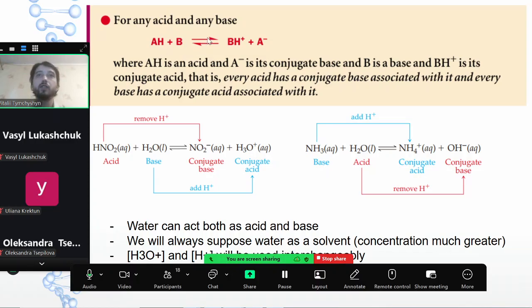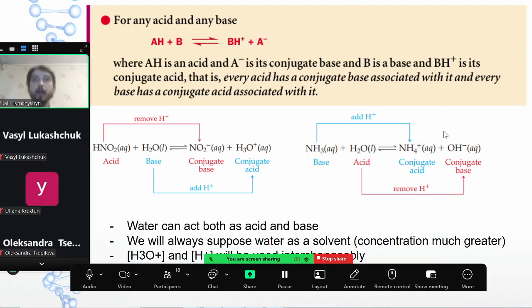With these arrows, you see that this reaction is probably in some sort of equilibrium, and you see that the proton is transferred to the base, so we get BH plus, and here is some sort of anion from the acid. So this anion is called conjugate base. So the conjugate base of the acid AH is A minus. B is the base, while BH plus is its conjugate acid.